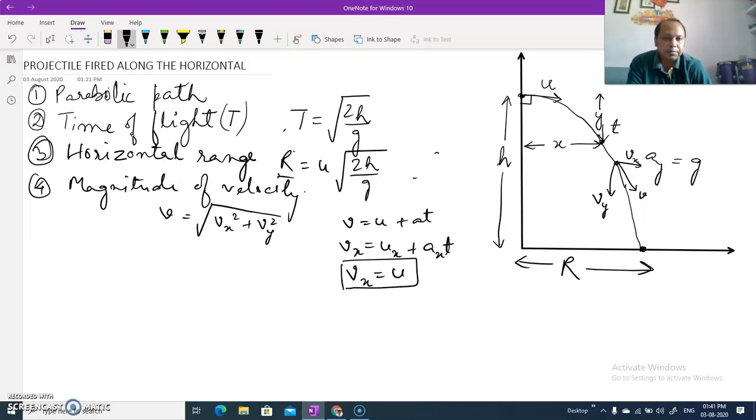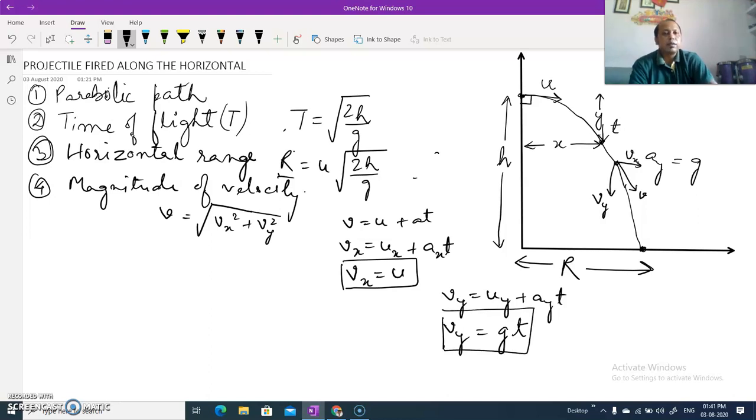Then vy. vy is equal to uy plus ayt. Now uy is 0, the initial velocity along the vertical is 0. And the value of ay is g, so we have the value of vy, the vertical component, given by gt.